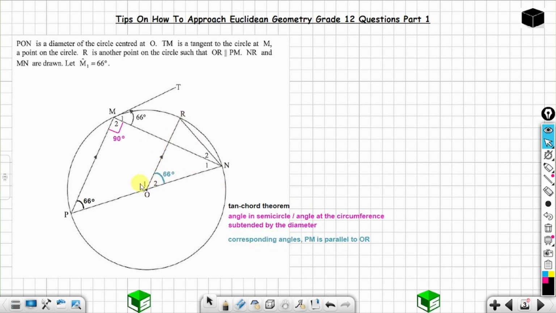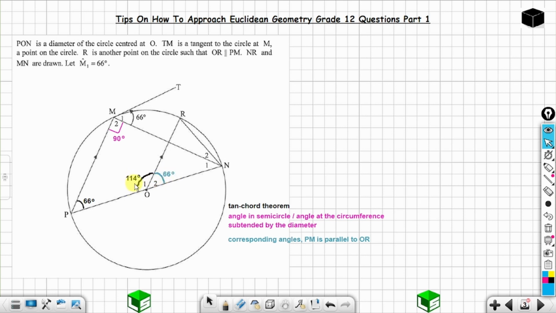Let's try to find another piece of information. You can see this is a straight line. Whenever you have a straight line like this, the angle is always equal to 180 degrees. So when you check, the angle there is equal to 180 minus 66 degrees.